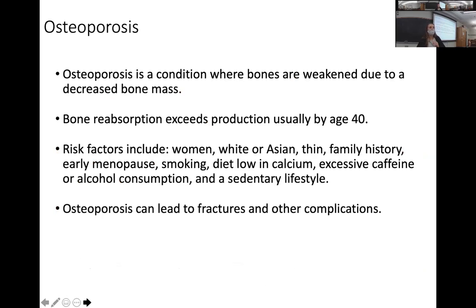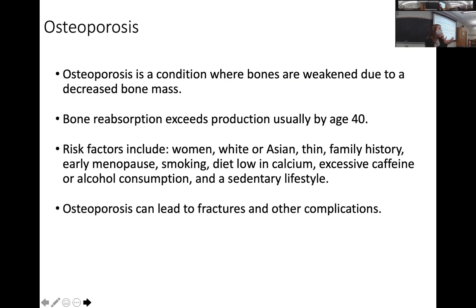So maybe you've heard of osteoporosis. This is a condition where bones are weakened due to decreased bone mass. Bone mass means the density of the bone, the amount of space it takes up. Bone reabsorption exceeds production, usually by age 40.